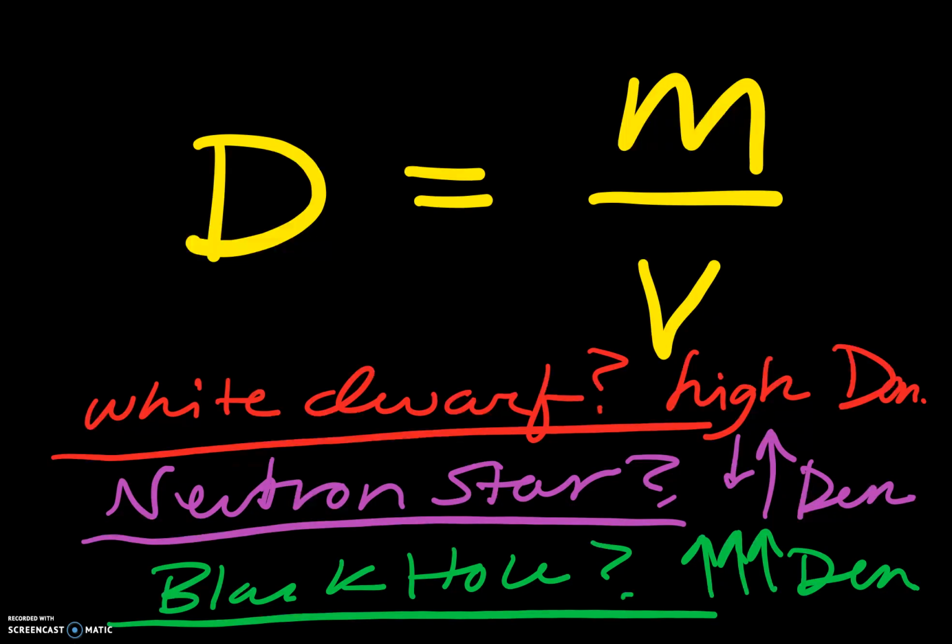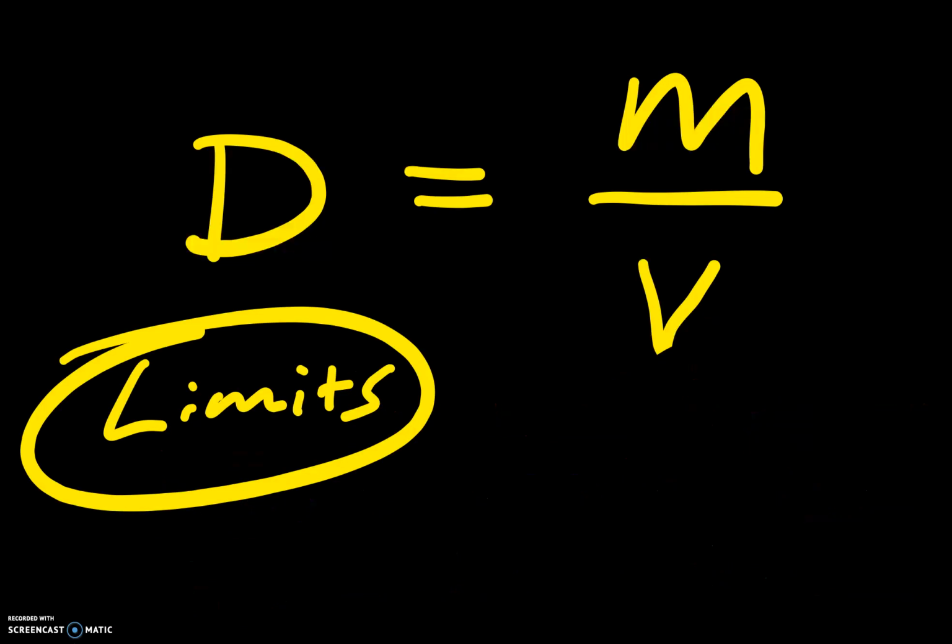And so the next thing we're going to look at, to help us better understand what's going on with black holes as far as density goes, is looking at the limits of this equation. That might sound familiar if you've taken pre-cal or calculus. If you haven't, that's okay. It's still pretty simple to understand. So with limits, we're looking at what is happening to one variable in an equation when another is approaching a certain number.